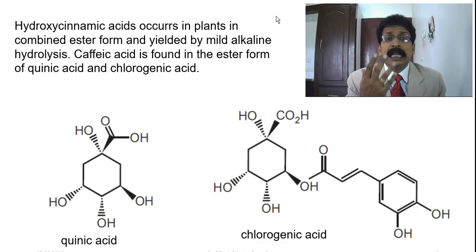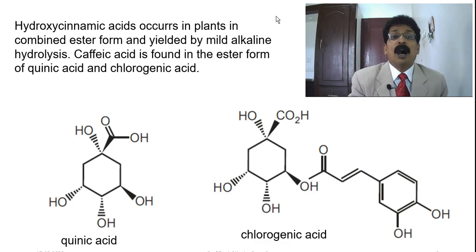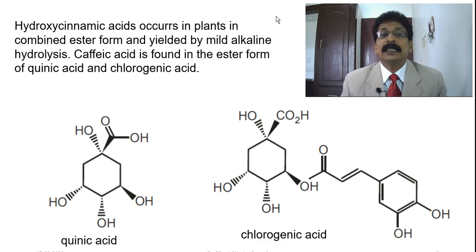So here is caffeic acid, the structure of caffeic acid. How is it formed? It is found in ester form of quinic acid and chlorogenic acid. So chlorogenic acid and quinic acid are esterified.